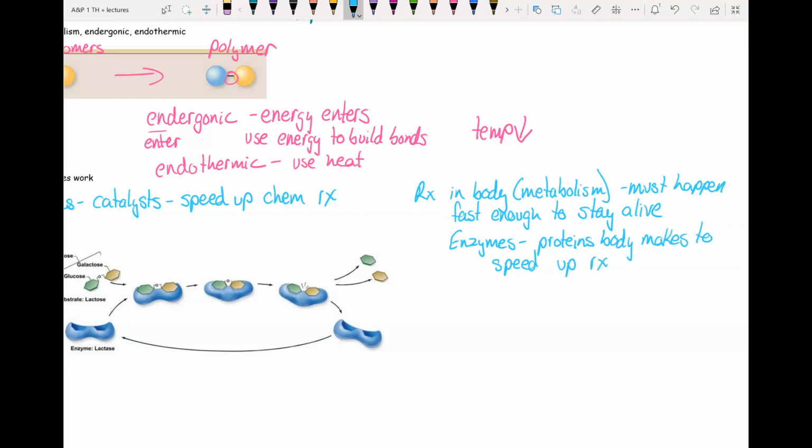And you rely on your enzymes to stay alive. So we're going to look at enzymes and how they work. And it's important to keep in mind that they are proteins. Remember, proteins function based on shape.